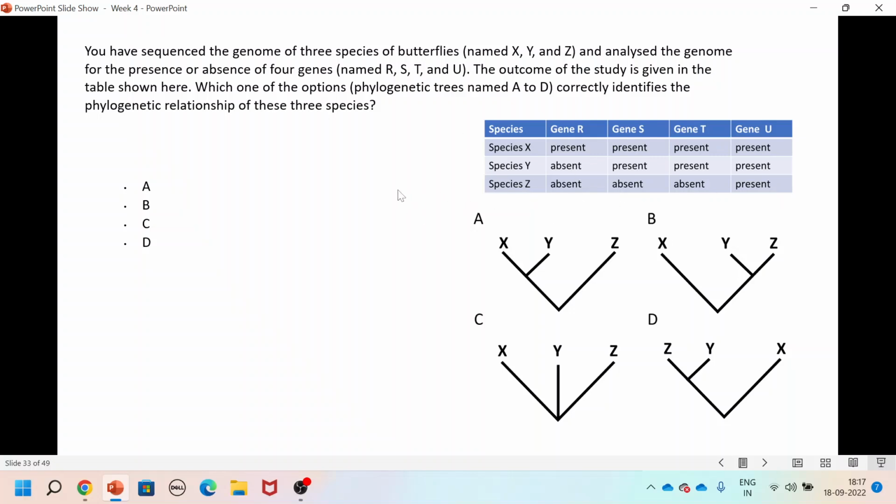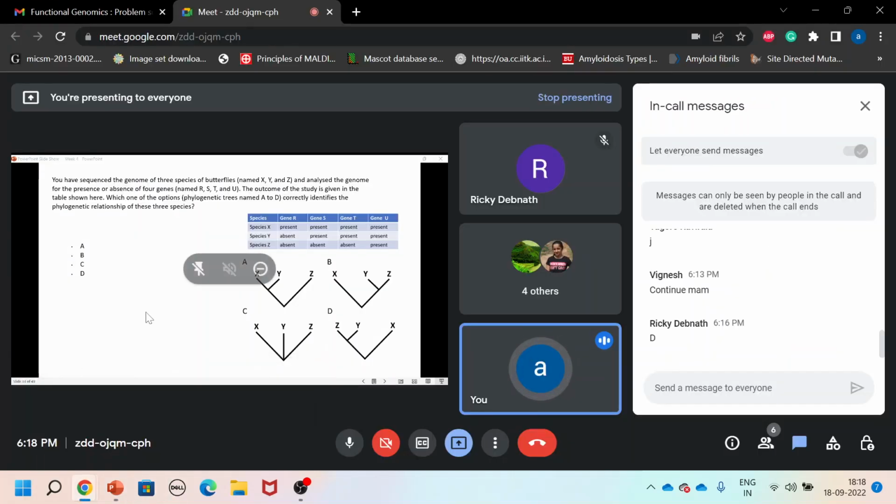For example, genes R, S, T, U are present in species X, but in species Y gene R is absent, and in species Z genes R, S, and T are absent, only gene U is present. So what is the correct option, which is the correct phylogenetic tree?